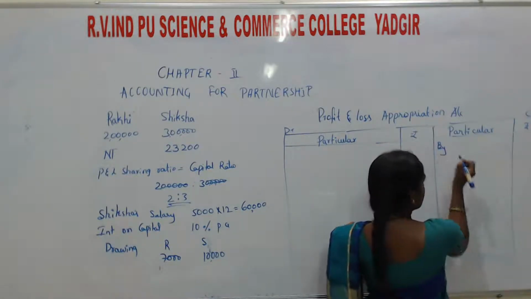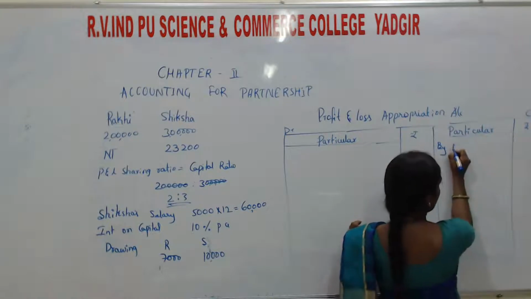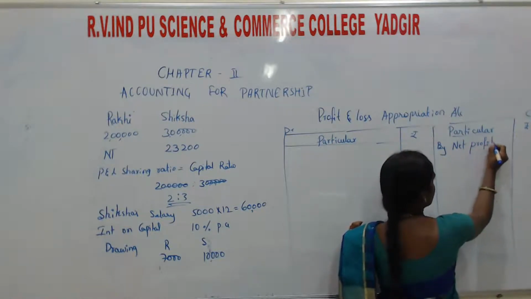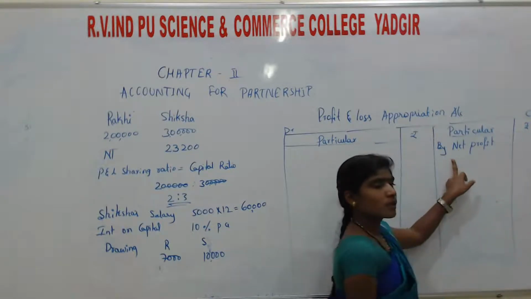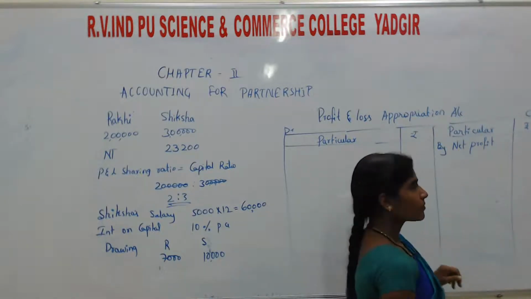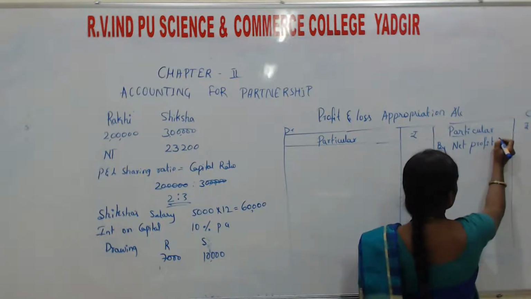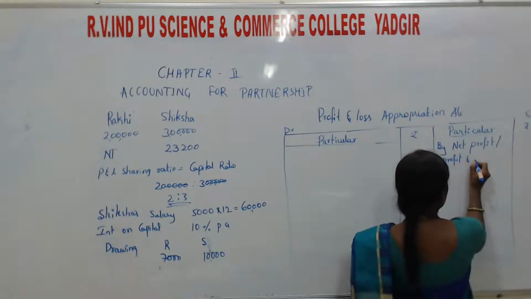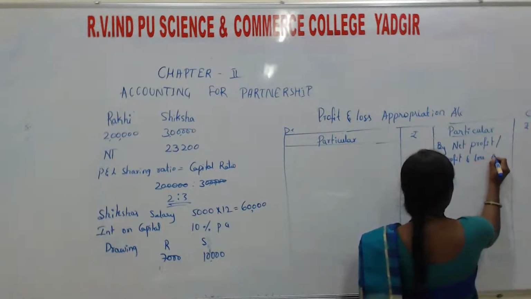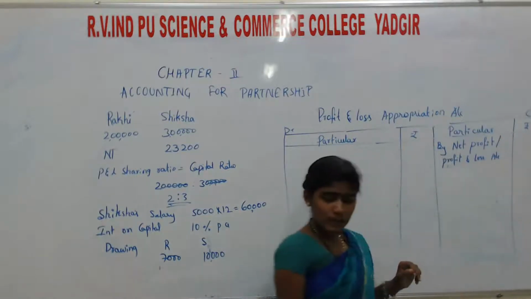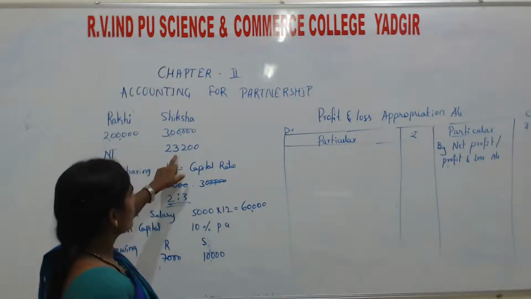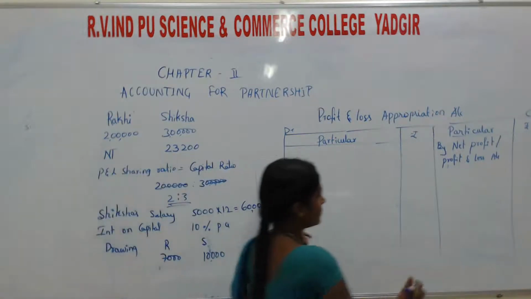So here there is a profit now, so that's why on the credit side, by net profit or profit and loss account. What is the net profit here? 23,200.